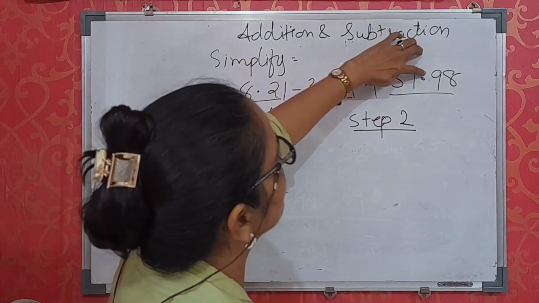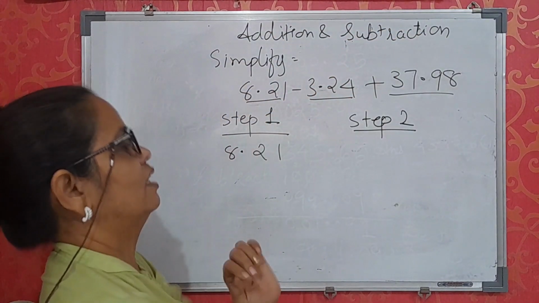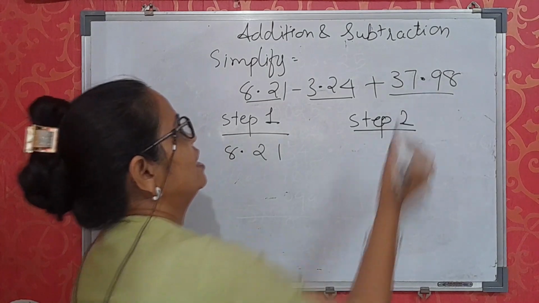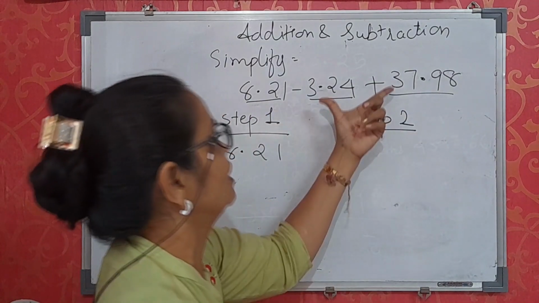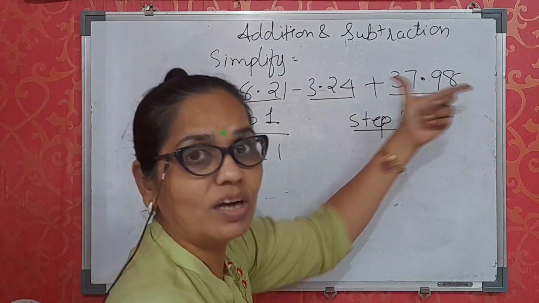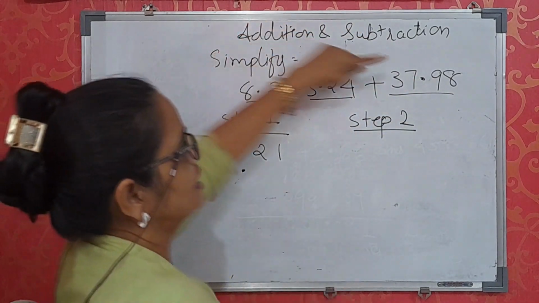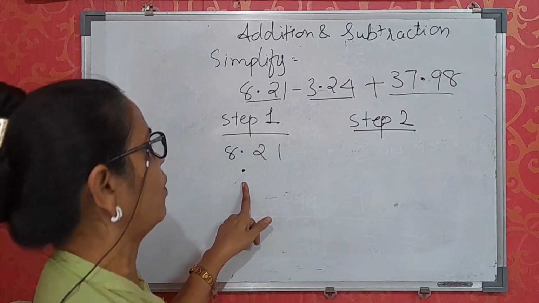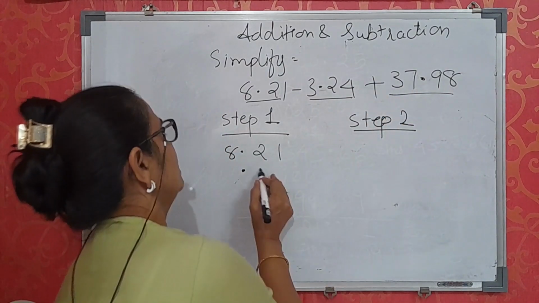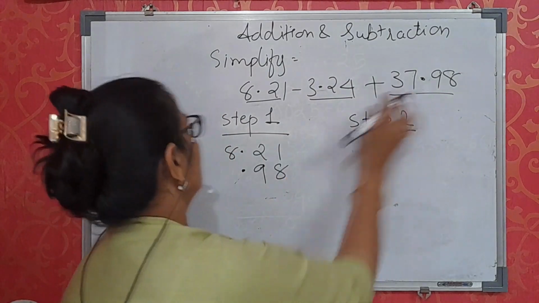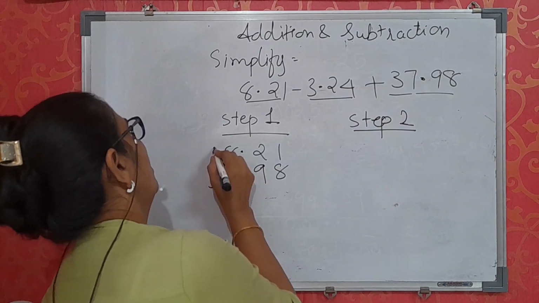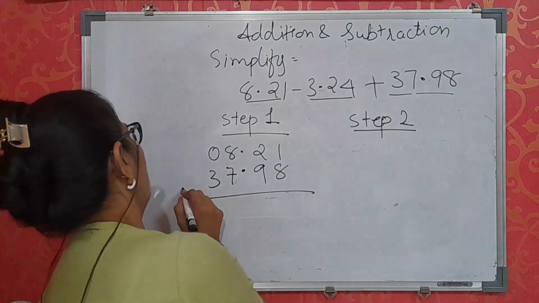Here children make mistakes when the sum is in horizontal form. So below the decimal point you put the decimal point, after the decimal point 98, before the decimal point 37, no number, 0, and the plus sign is compulsory.